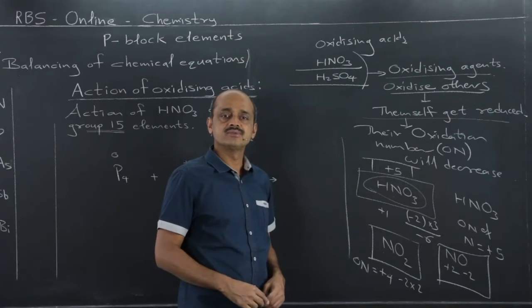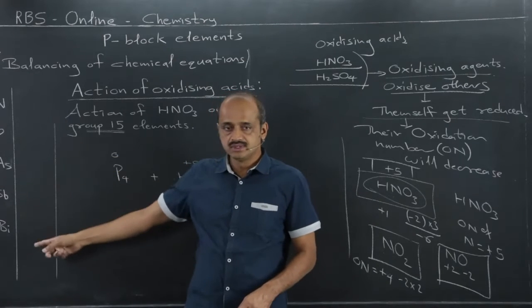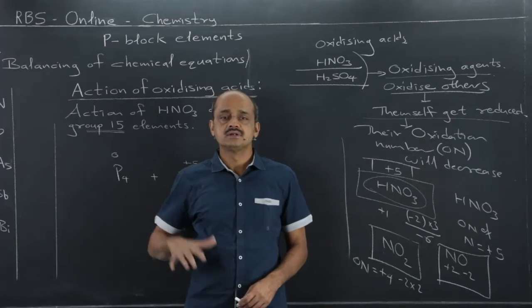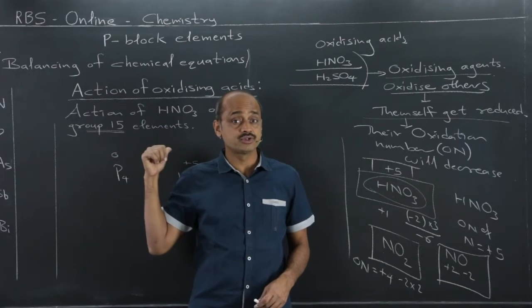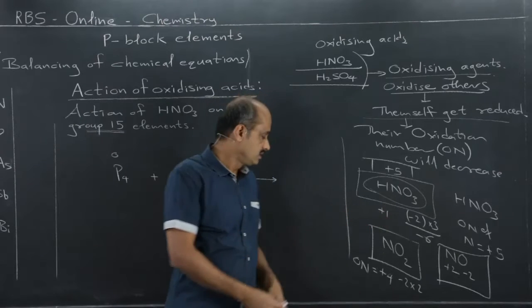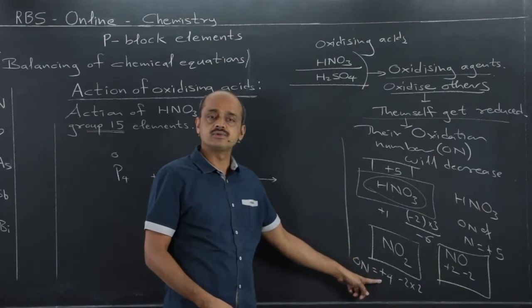Here in this case, when group 15 elements are reacted with nitric acid, the plus 5 nitrogen of nitric acid on this side changes to NO2, means plus 4.